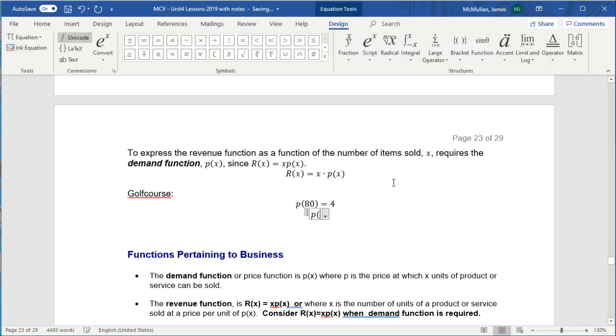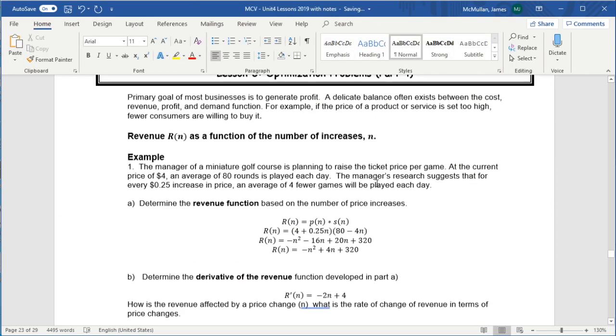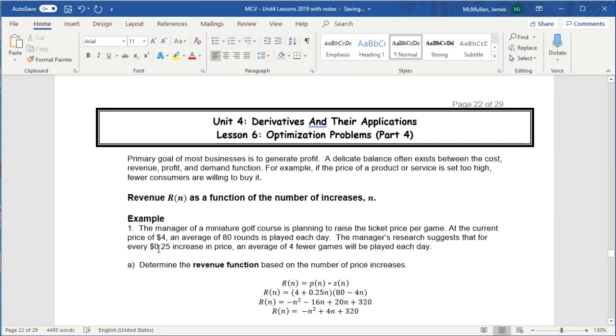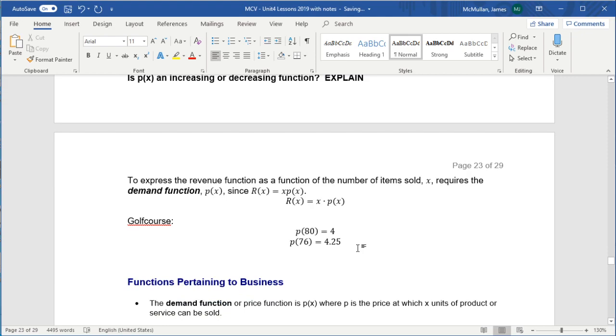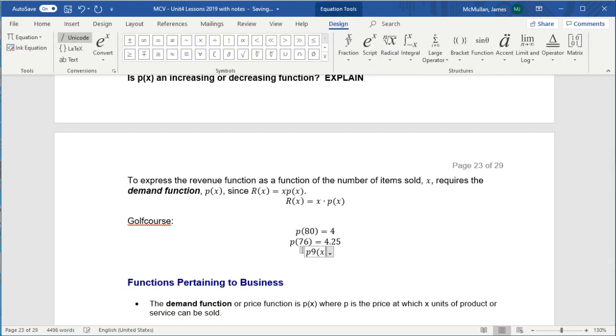Now I also know that P of 76 is equal to 4.25, right? And I know that because if I go back up here, if I raise the price by 25 cents, I'm going to lose 4 games. Okay? Now, in our case, P of x is a linear function.